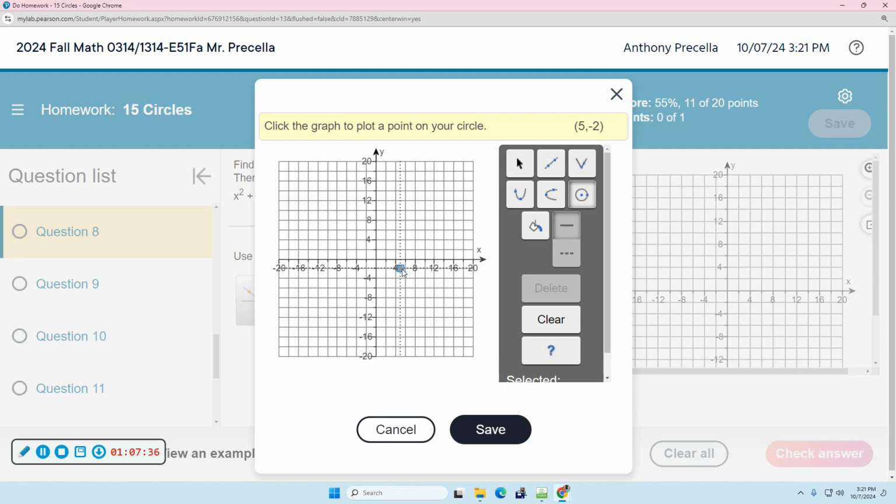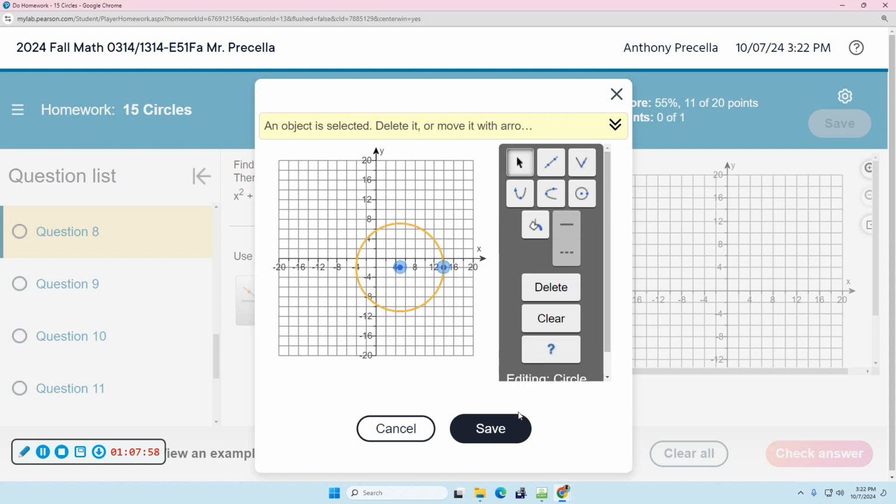Let's see. 5. Let's move 9 units to the right. We're at 5. 5 plus 9, that's 14. So we should be at 14. Is that it? No, I think that's 15, isn't it? 5 plus 9, is that 14? There it is.